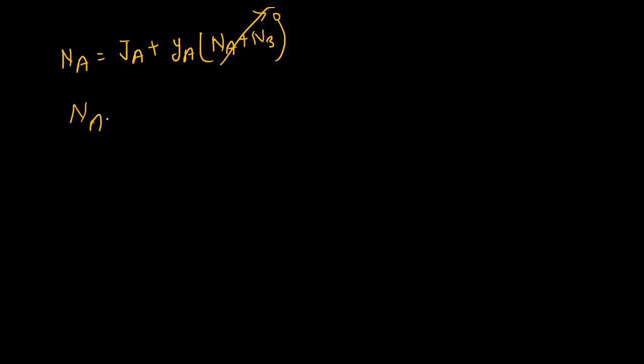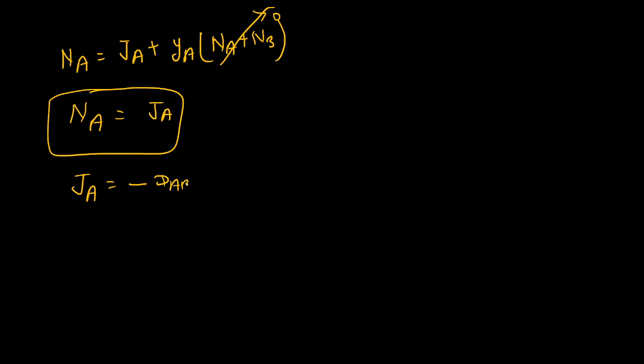When we talk about Na, we can write Na equals Ja plus Ya into (Na plus Nb). For equimolar counter diffusion, since Na is equal to minus Nb, this term becomes 0. So Na is equal to J. From Fick's law for the diffusive flux, Na equals minus DAB dCA by dZ.